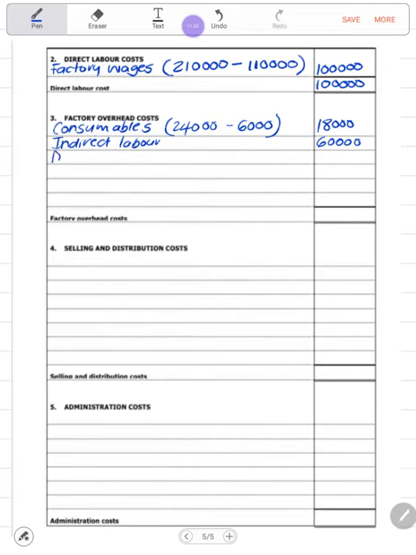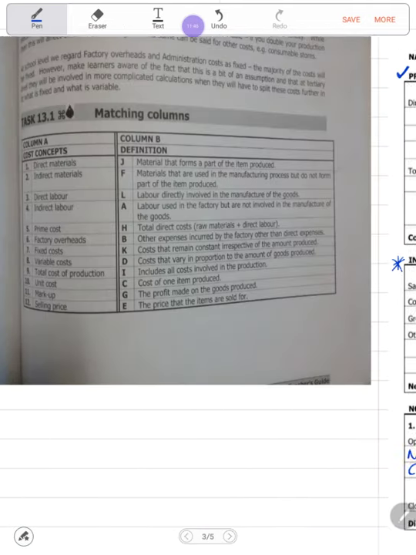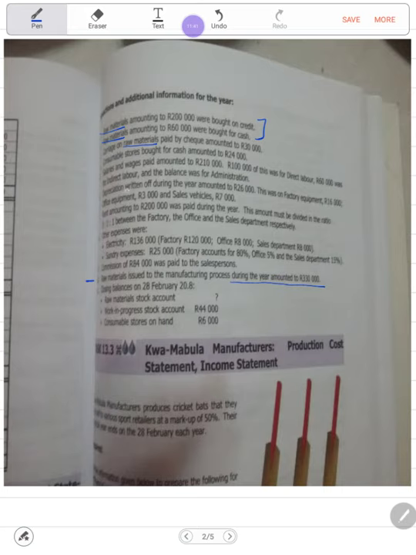Moving on, remember, depreciation is a cashless expense that each and every business that has assets will incur. So let's move on to our depreciation. It's nice and in our face. Number 6, depreciation written off for the year amounted to 26,000.